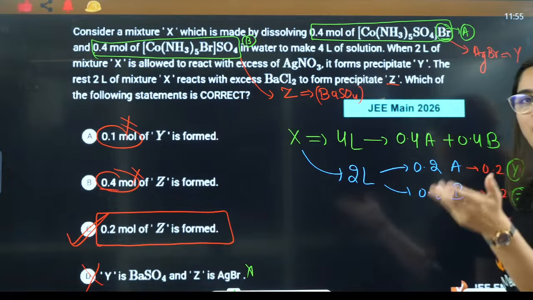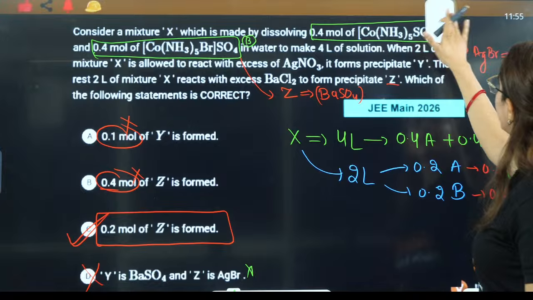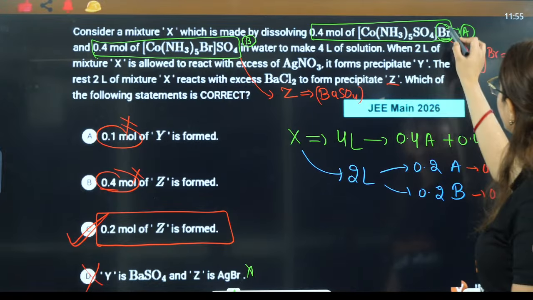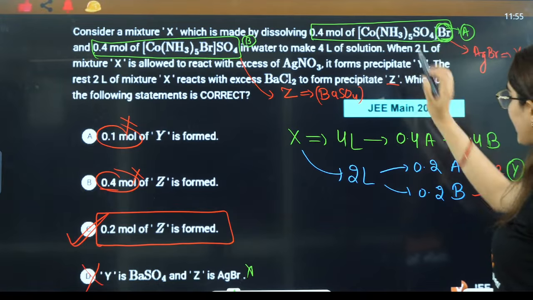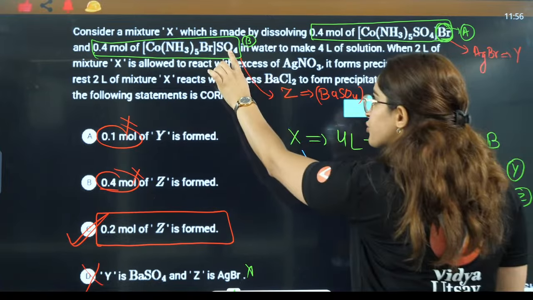Then how much amount of precipitate is formed? See, only one Br is outside here, that means if I use 0.2 of A, 0.2 of Y is formed. Here also only one SO4 is outside.